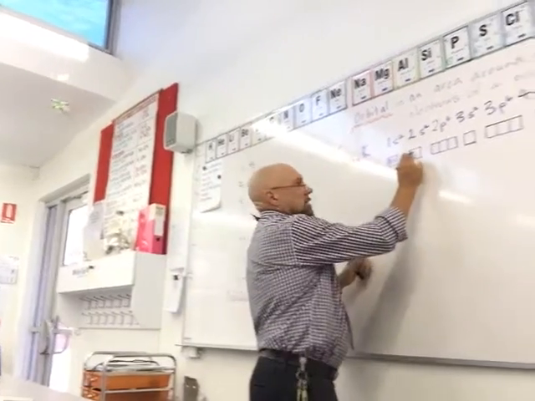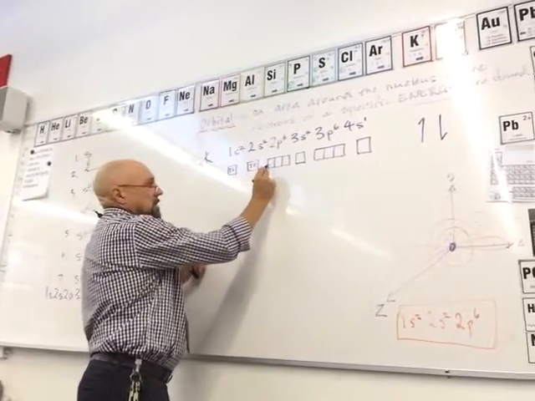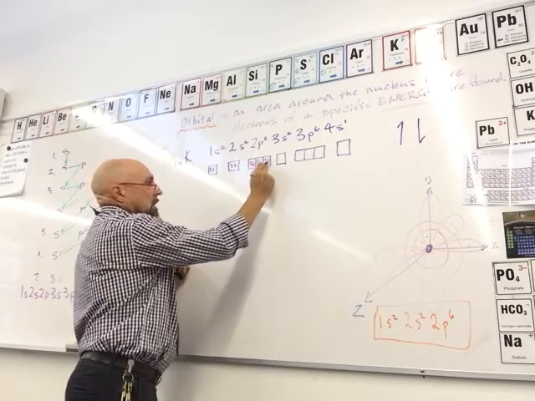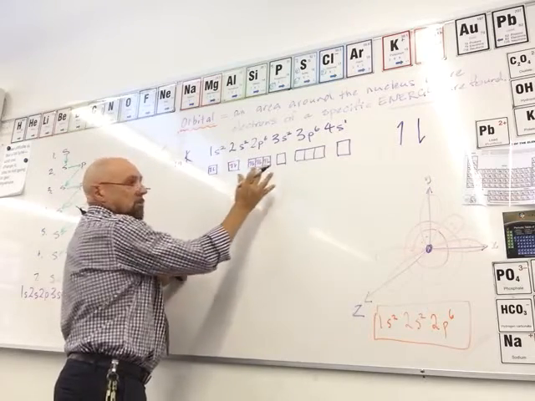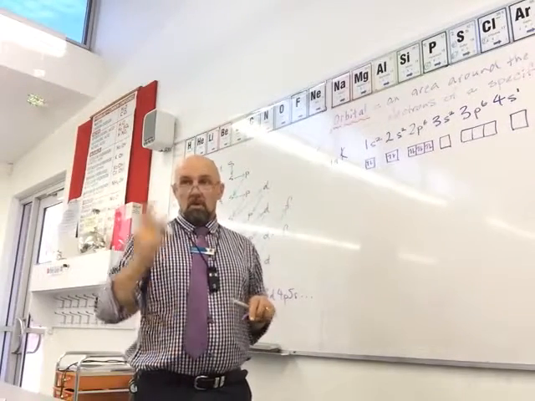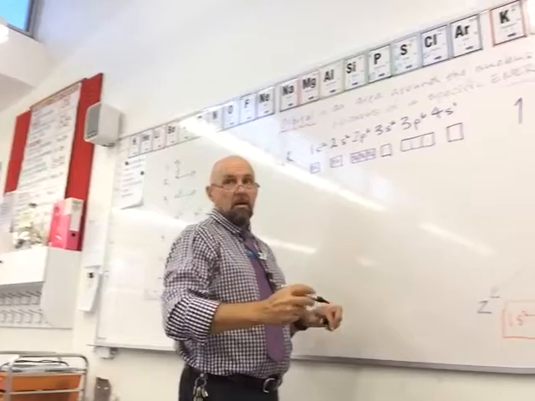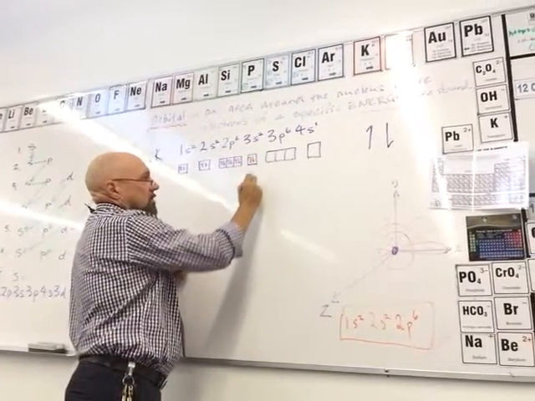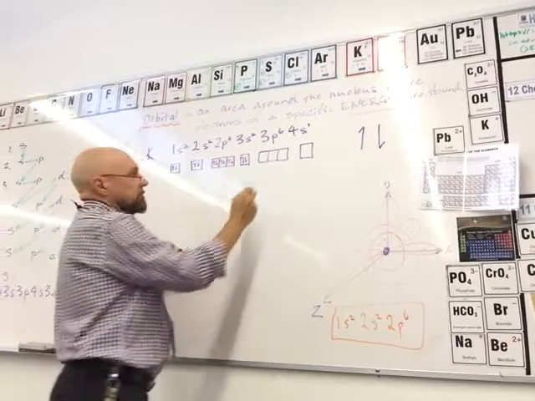Okay, so I'm going to fill them up. There are 2 electrons there, 2 in here, and 2 here. That's all full. All the 2p is filled. I'll run through it again in a minute, so don't worry about it, and you can watch it 1,000 times. Next one's filled. 3s is filled.